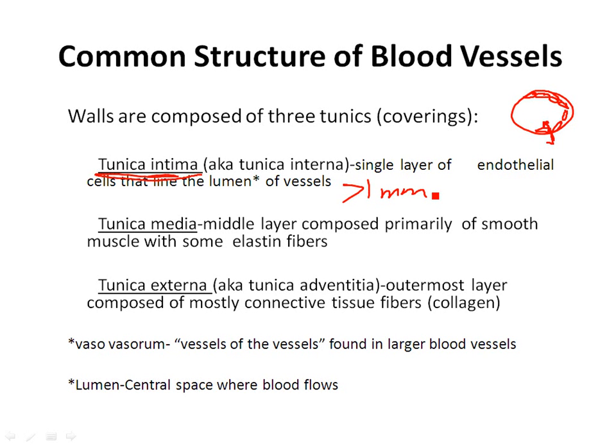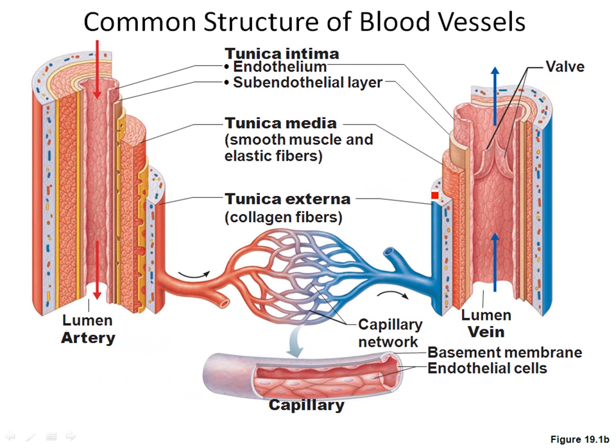And I'm going to go ahead and flip to the next slide so that you can actually see these as we talk about them. So there's your endothelial layer right there in the tunica intima on both the artery and the vein. And then these are larger vessels, so they show this subendothelial layer, which is part of that tunica intima as well.